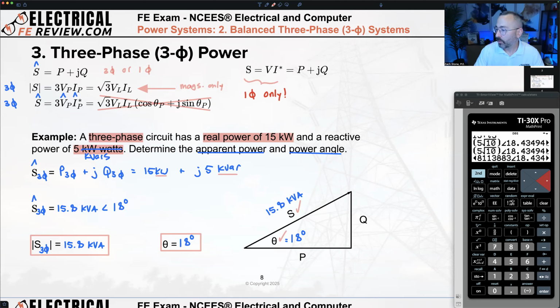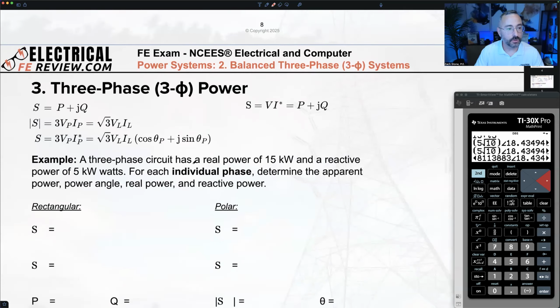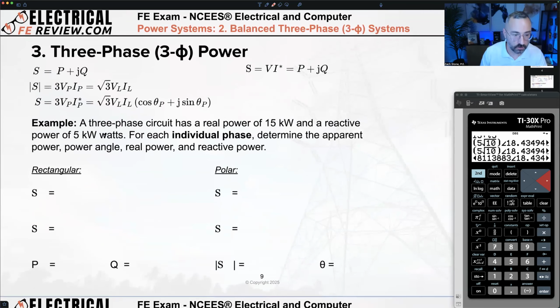All right, next problem, similar. Let's see which formulas we're going to use. And again, I apologize, this is kvar, not watts. The problem says we have a three-phase circuit once again, with the same numbers: 15 kW for my real power and 5 kvar for the reactive power.